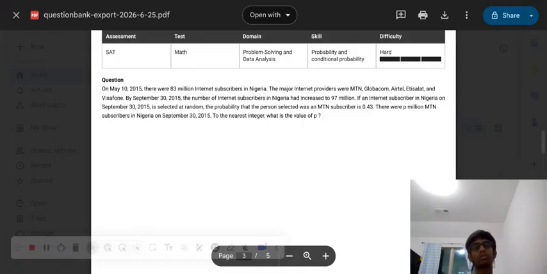If an internet subscriber in Nigeria on September 30th, 2015 is selected at random, the probability that the person selected was an MTN subscriber was 0.43. If there are P million MTN subscribers in Nigeria in September 30, 2015, to what nearest integer is the value P?